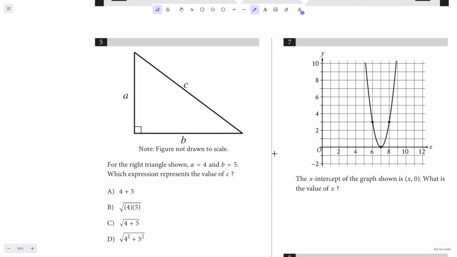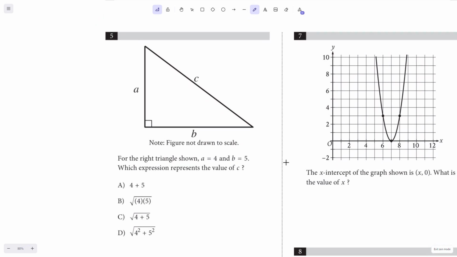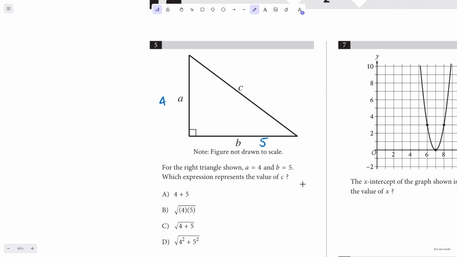Alright, now problem number 5. For the right triangle shown, a equals 4, b equals 5. Which expression represents the value of c? So for right triangles, there is a crucial formula we all need to know, and it's the Pythagorean formula.